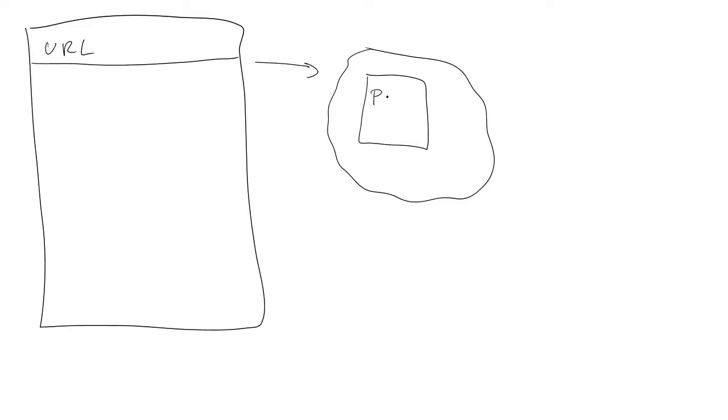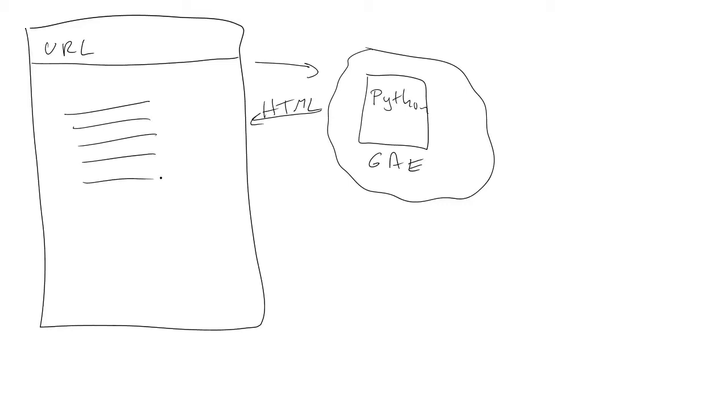Our Python program on Google App Engine would run right away and return HTML, which would get displayed here. That's the essential model for how web responses work.